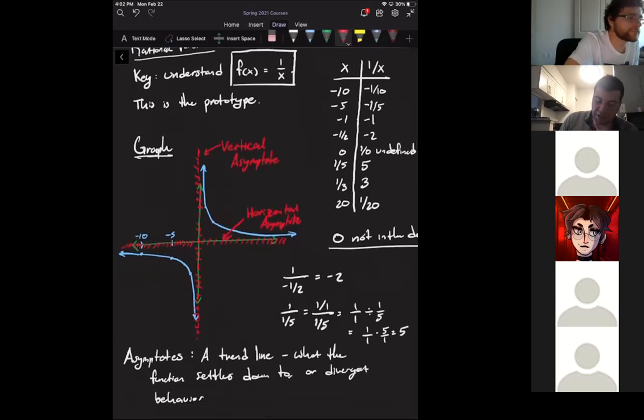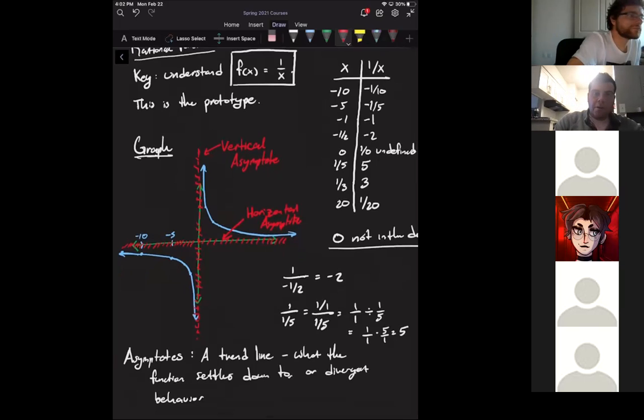An asymptote can be thought of as a trend line, what the function settles down to, or it captures divergent behavior. So this horizontal asymptote is something that the function is trying to get close to and just settle down to.